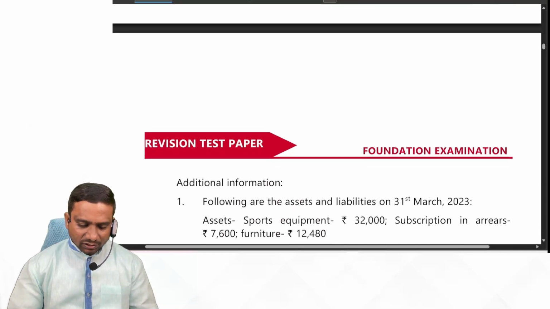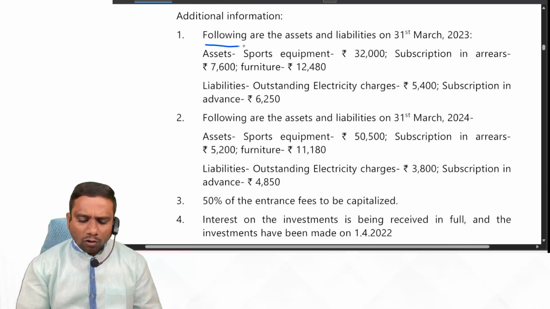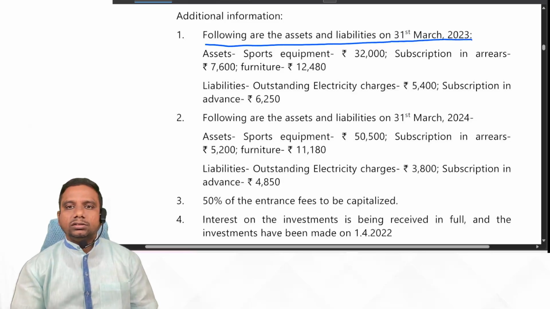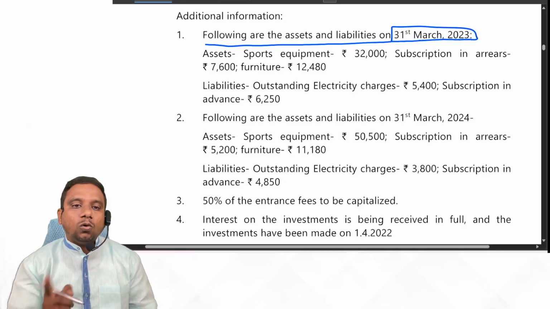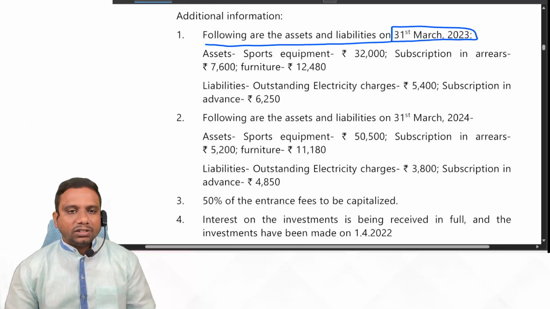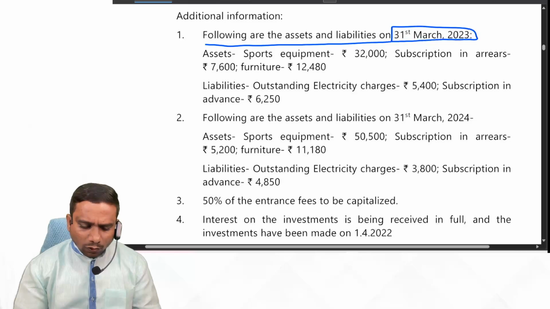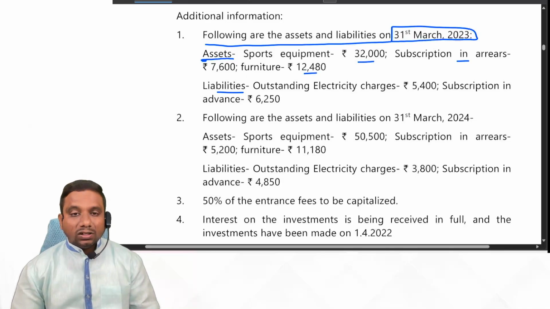So what are the various adjustments they have given? Observe additional information. Following are the assets and liabilities on 31st March 2023, but opening for the current year. Closing for the previous year becomes opening for the current year. So on opening date, we have assets: sports equipment, subscription, furniture, and at the same time we have some liabilities.